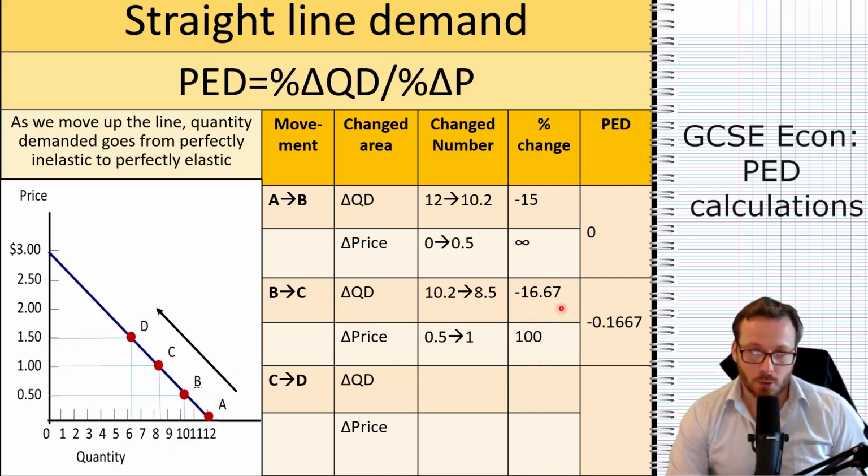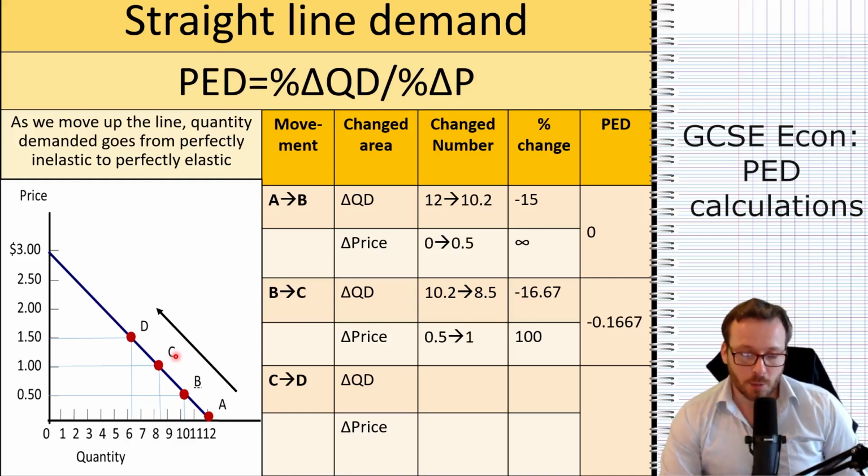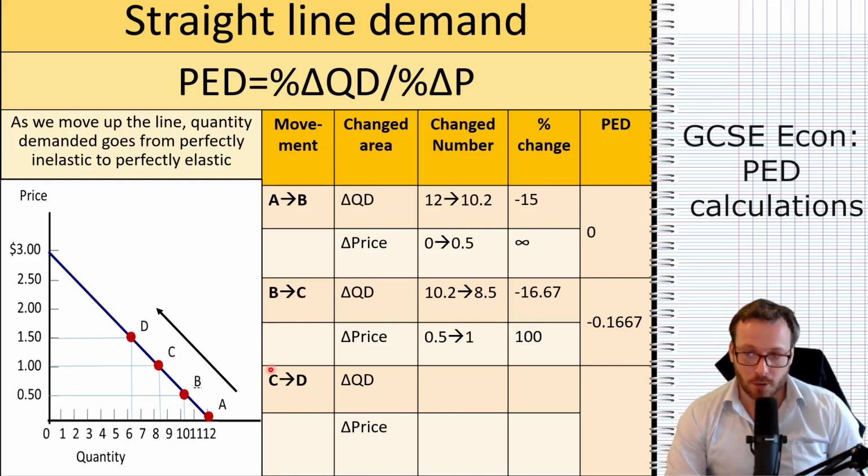But the quantity demanded now is minus 16.67%. And when we run this over that, we get this figure. So this is showing us that PED, as we're moving up the line, has increased from 0 to 0.1667. Make sense? So as we move up the line, our elasticity is increasing.